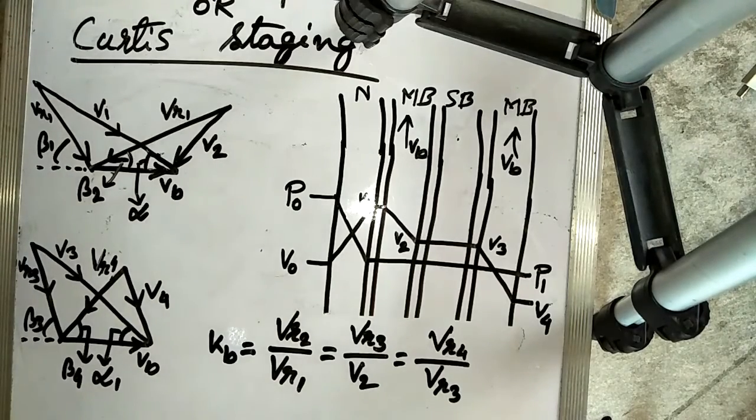So this is the blade friction factor for two stage velocity compounding.